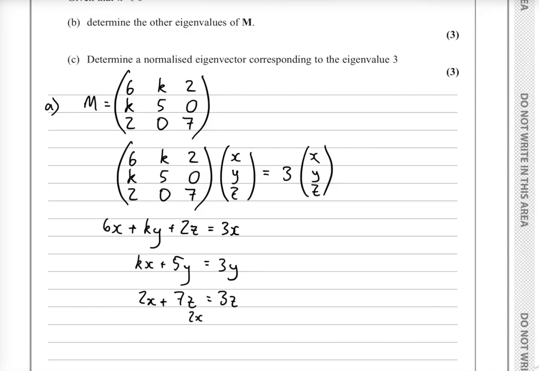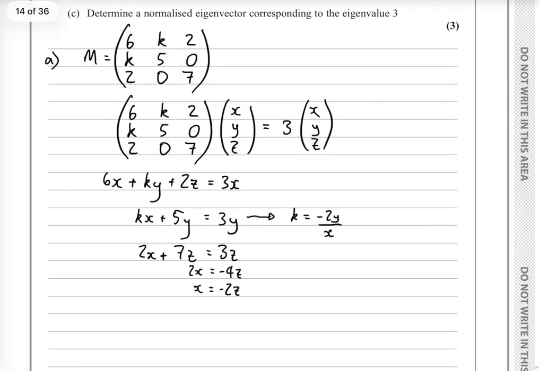So 2x equals minus 4z, x is minus 2z, and this one, k is equal to minus 2y over x. So how do I combine these? I think actually I want to keep this as kx and make y the subject instead.